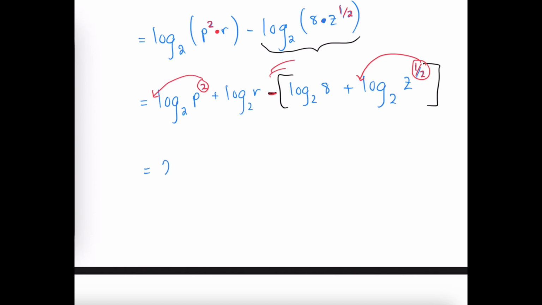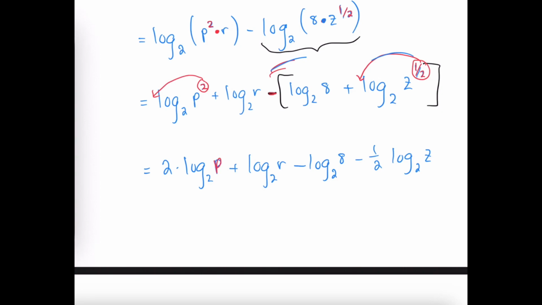So we're going to have 2 times the log base 2 of p, because that power 2 was rainbowed around to the front as a multiplier, plus log base 2 of r. Now, distributing in the negative, we have minus the log base 2 of 8. Distributing in the negative and rainbow ruling that 1/2 down, we're going to have minus 1/2 log base 2 of z. And everything has been expanded.